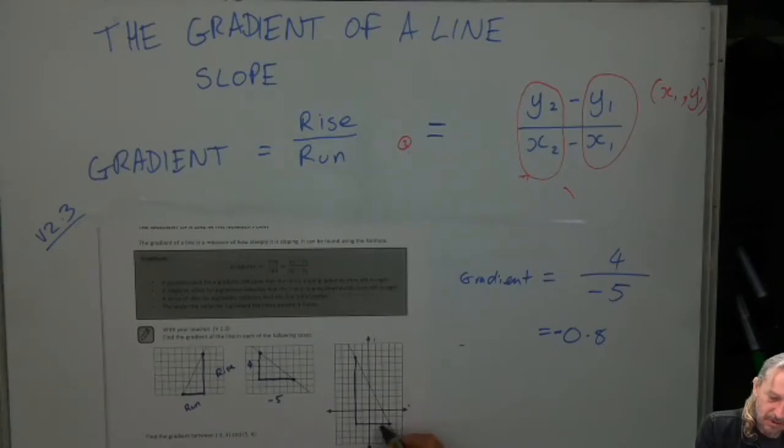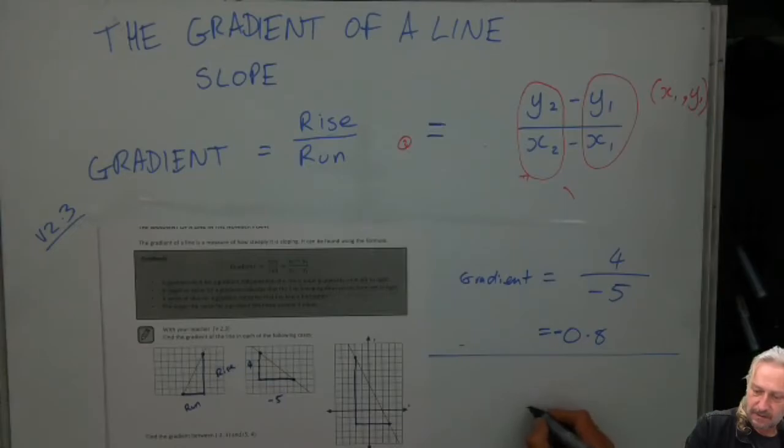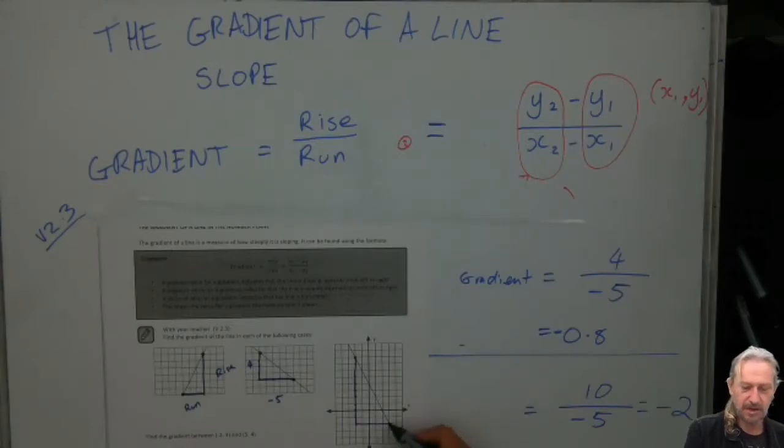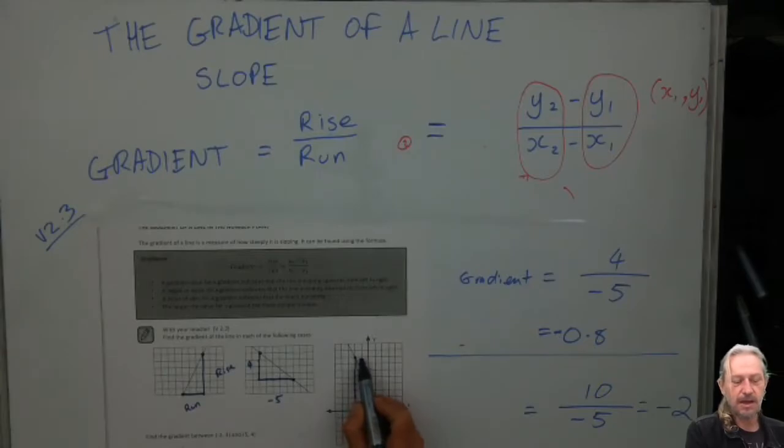So we've got 1, 2, 3, 4, -5. 1, 2, 3, 4, 5. And we're going up 1, 2, 3, 4, 5, 6, 7, 8, 9, 10. So that equals -2. So that means for every step we go in the x direction, the line comes down 2. One more step, down 2. One more step, down 2.